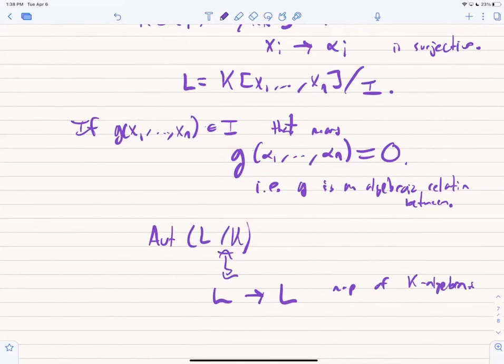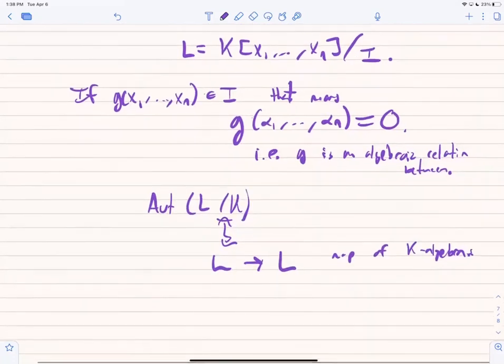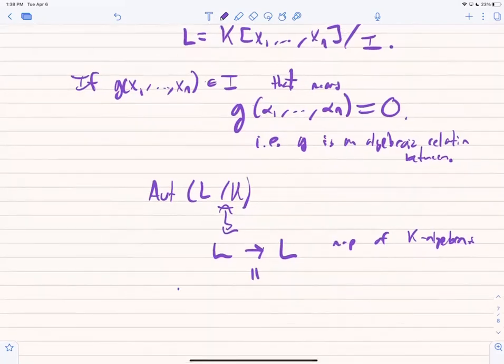So giving an automorphism over K is just giving a map of K-algebras. But that means I'm giving a map from K[x1, ..., xn] mod I to L.